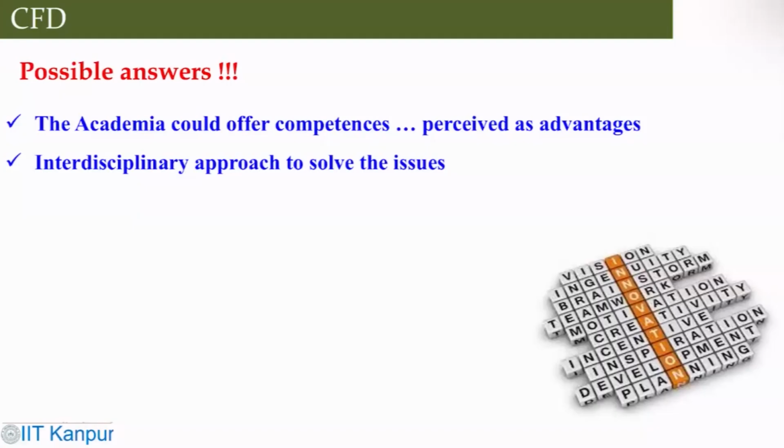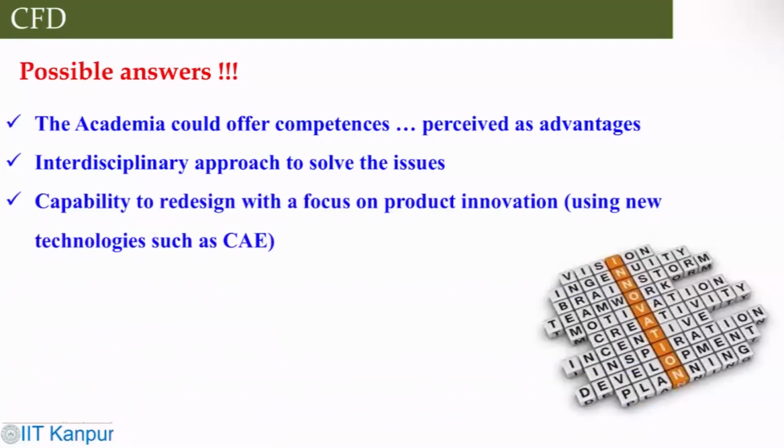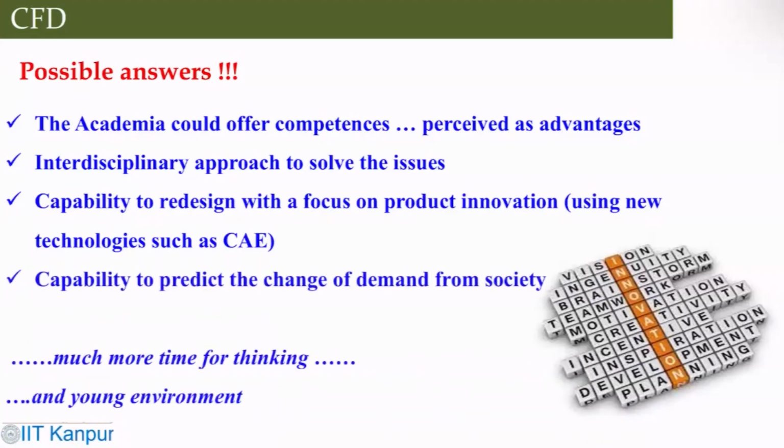Then the capability to redesign with a focus on product innovation, and the capability to predict the change of demand from society. So it's essentially an innovation that we are talking about, and this one-to-one handshaking would help to go with that.